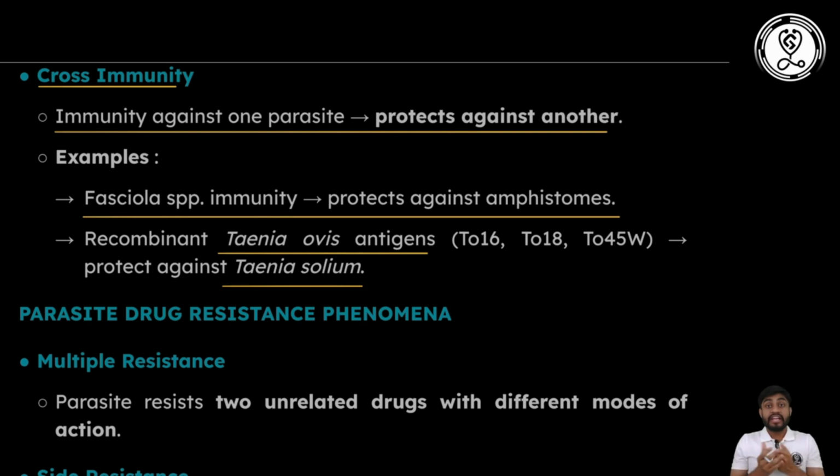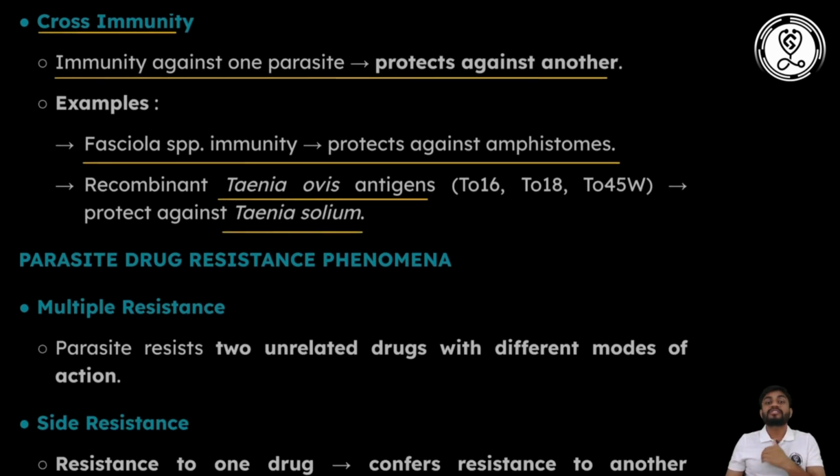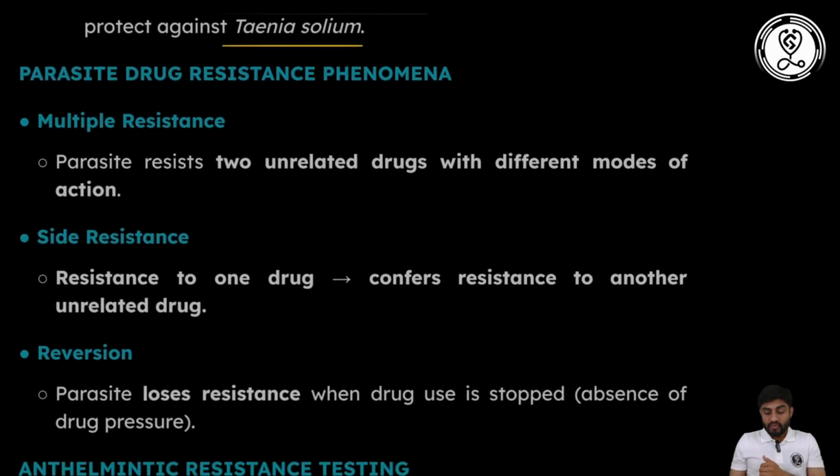But these parasites are also very clever, they also develop different types of resistance. What are those resistances in response to these different types of immunities? First comes multiple resistance. Multiple resistance means the parasite develops resistance against two unrelated drugs with different modes of action. Suppose we take Fasciola again.